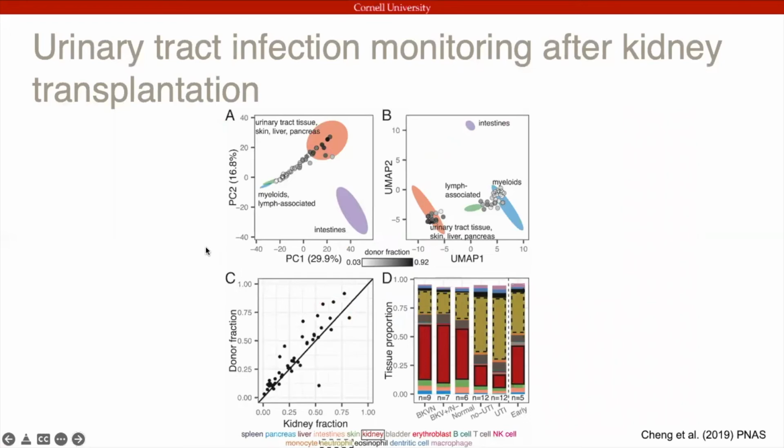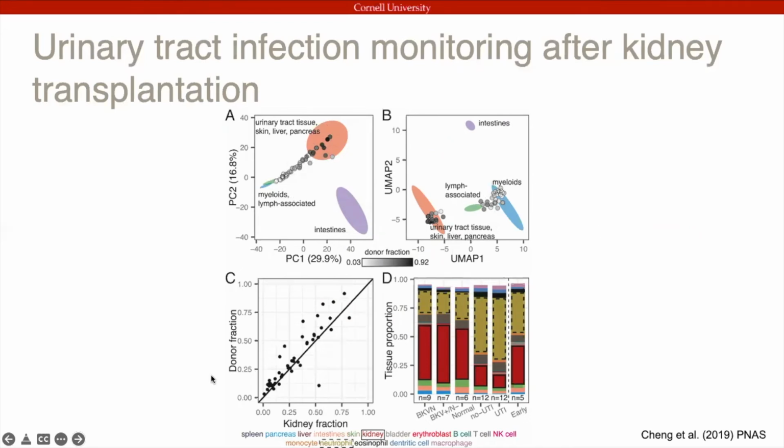We can first quantify the donor fraction for individuals who had sex mismatch transplants by quantifying the abundance of the Y chromosome relative to the coverage of all autosomal chromosomes. We can see that the majority of these individuals' cell-free DNA comes from either the kidney or urinary tract tissue or from immune cells, as we would expect.